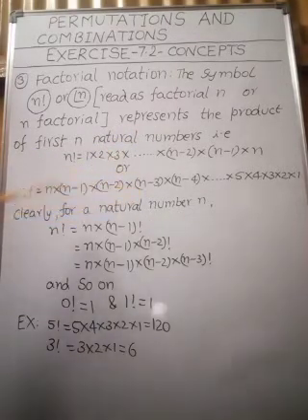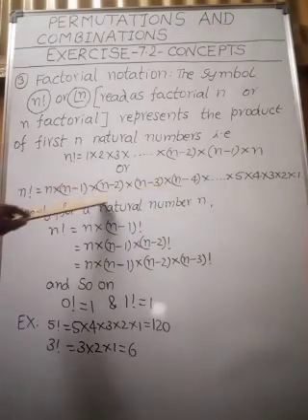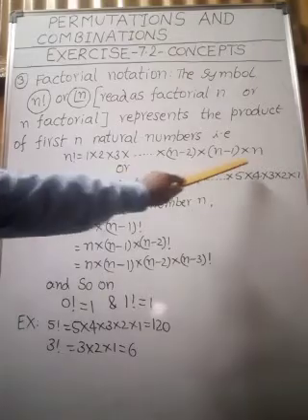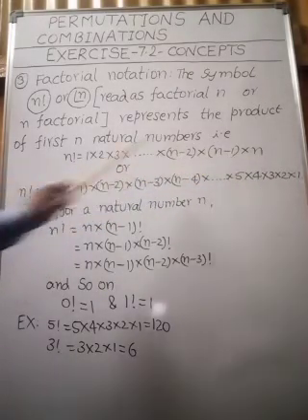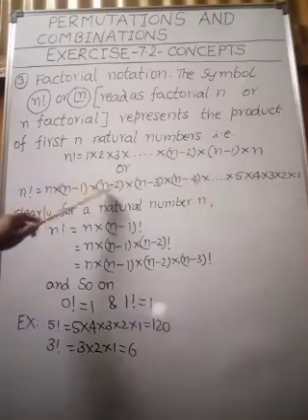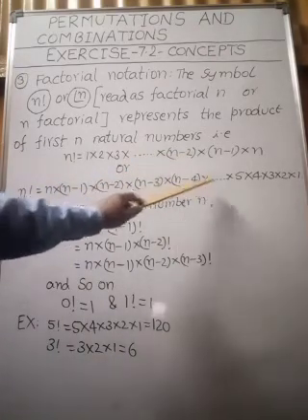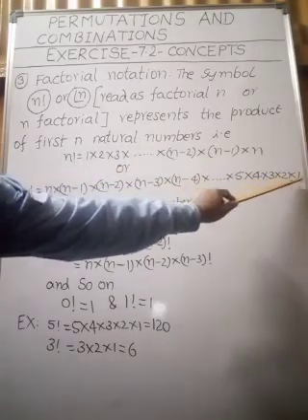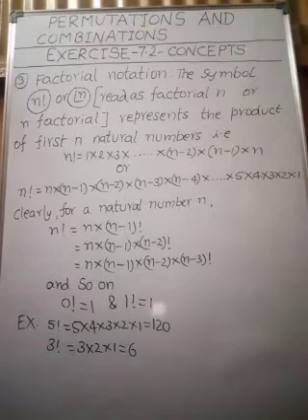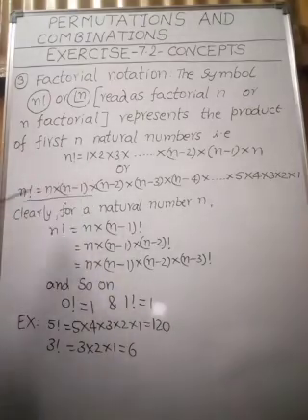But in practice, we write n factorial in the reverse order: n into n minus 1 into n minus 2 into n minus 3, n minus 4, and so on, 5 into 4 into 3 into 2 into 1. In solving the problems in this exercise, generally we take this step.